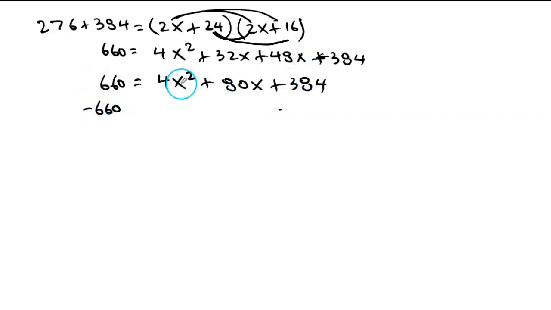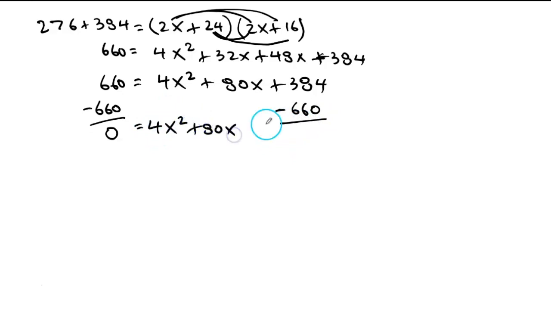Remember, this is a quadratic function, therefore I have to make it equal to 0. Subtract this on both sides. 384 minus 660 gives me negative 276. So 4x squared plus 80x minus 276.